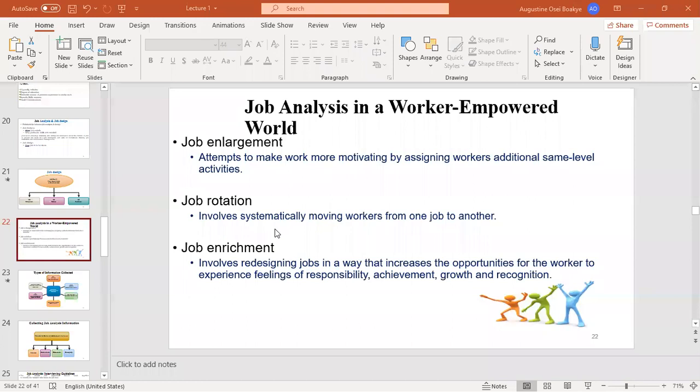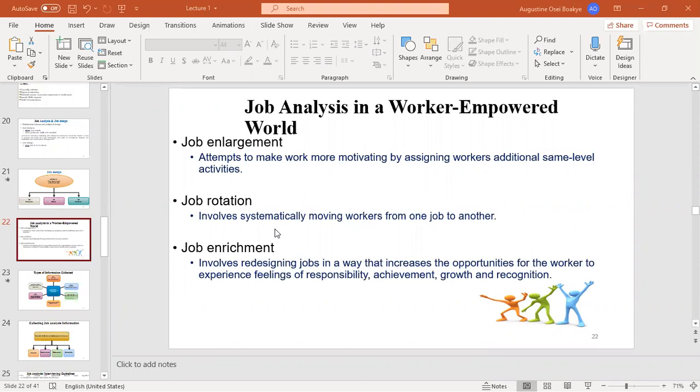Because in job enrichment, we are talking about a progression from a lower position to a higher position. We say that it amounts to vertical loading. In other words, you are loading the job of an employee vertically.